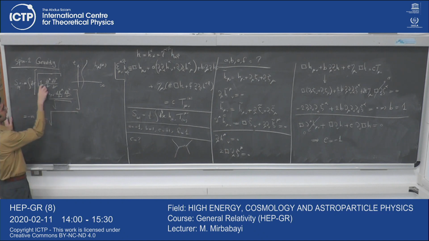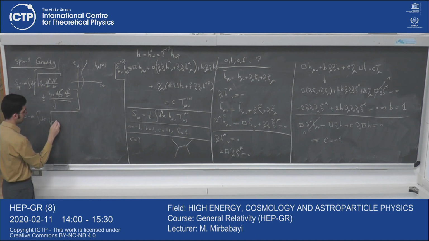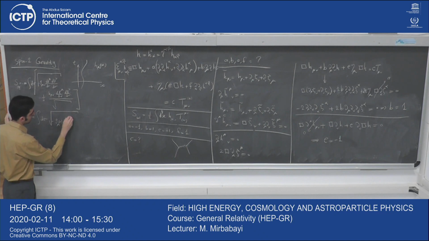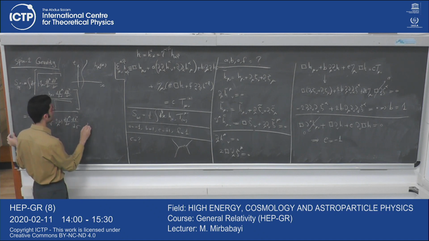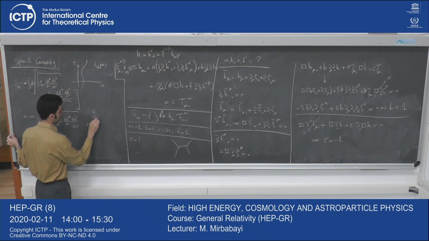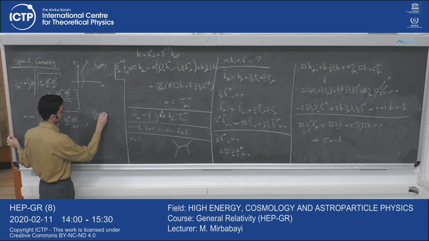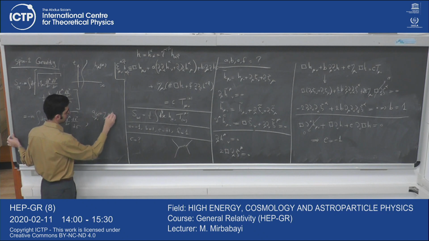We can take it inside the square root and write it as minus g_{μν}(x) dx^μ/dσ dx^ν/dσ, where g_{μν}(x) is defined as η_{μν} plus h_{μν}.